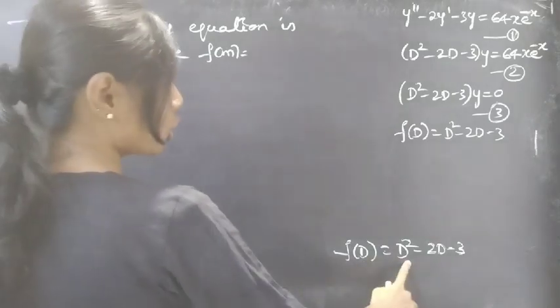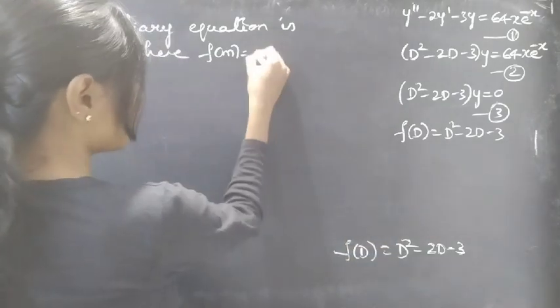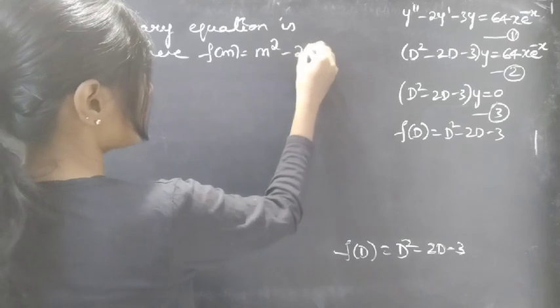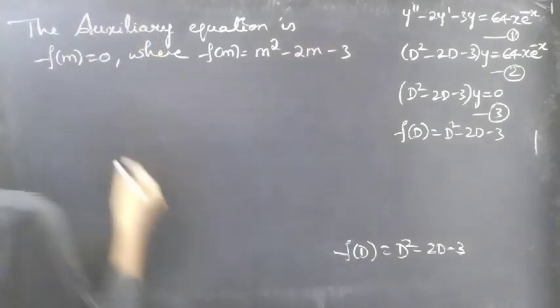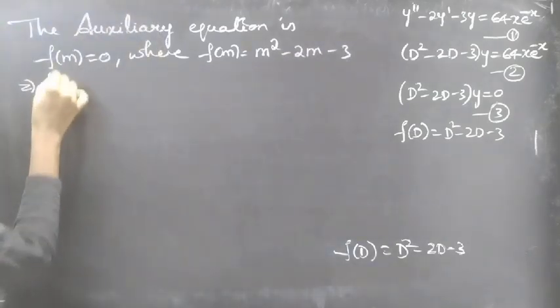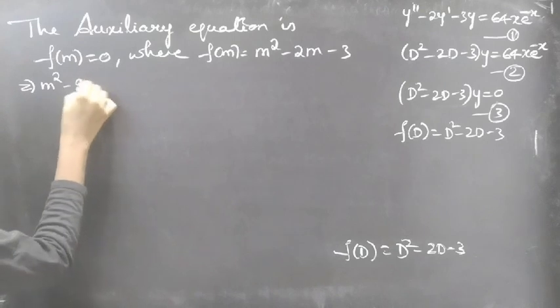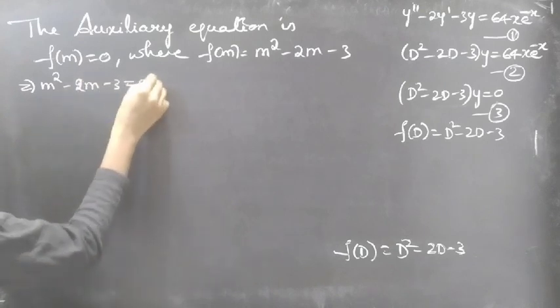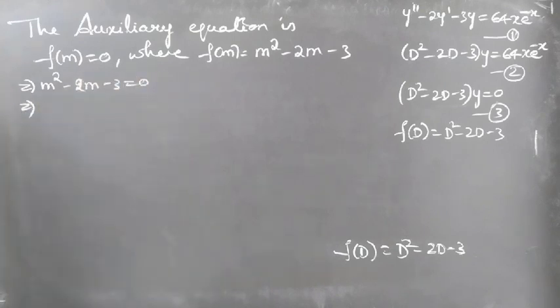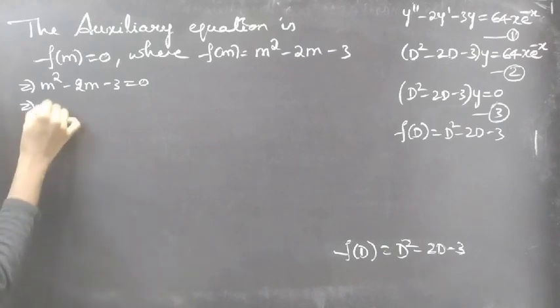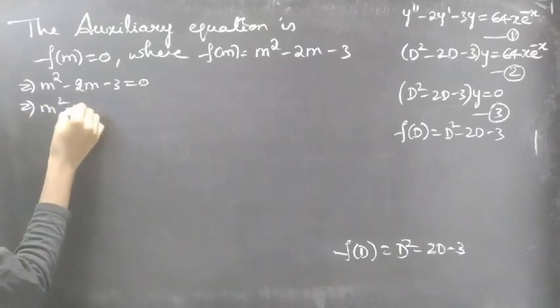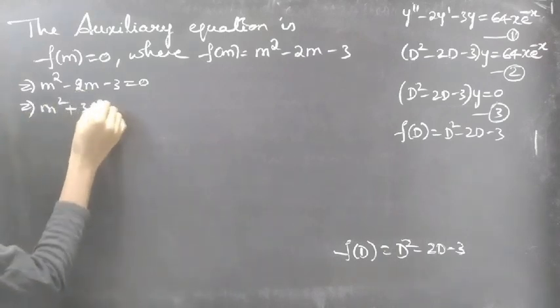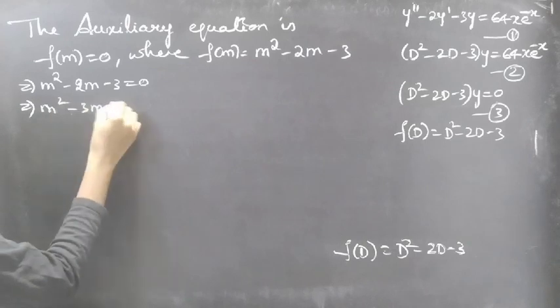Let's replace the differential operator D by m, so that we'll get f of m equal to m square minus 2m minus 3. Then the auxiliary equation becomes m square minus 2m minus 3 equals 0. Now we need to find roots to this equation. Let's write minus 2m as plus m minus 3m.